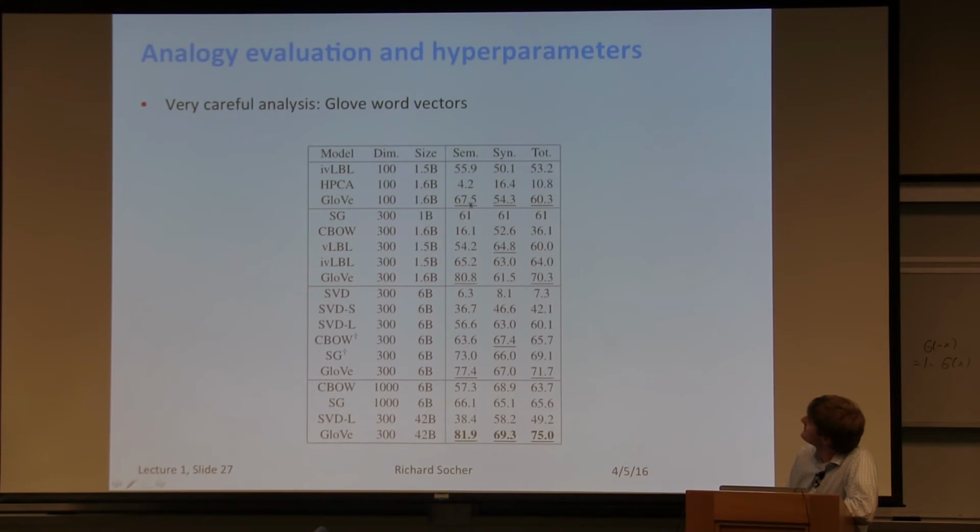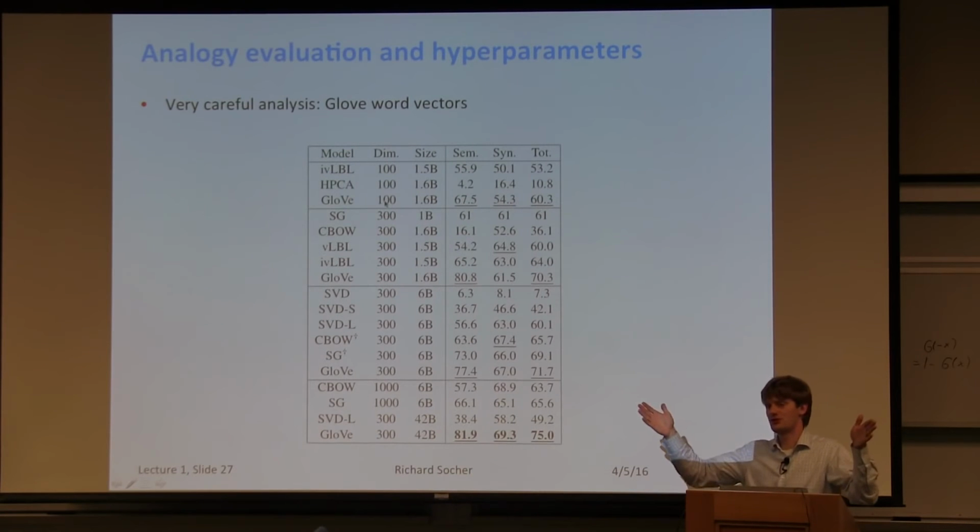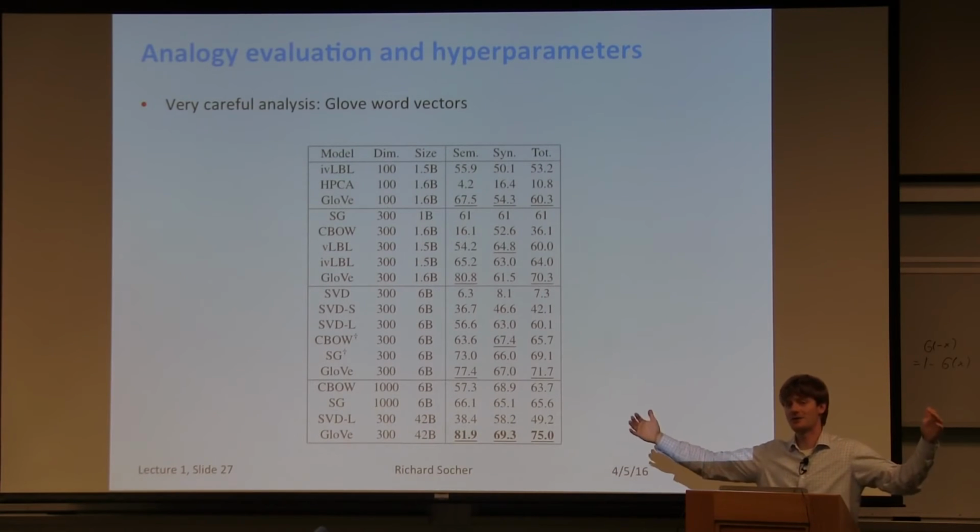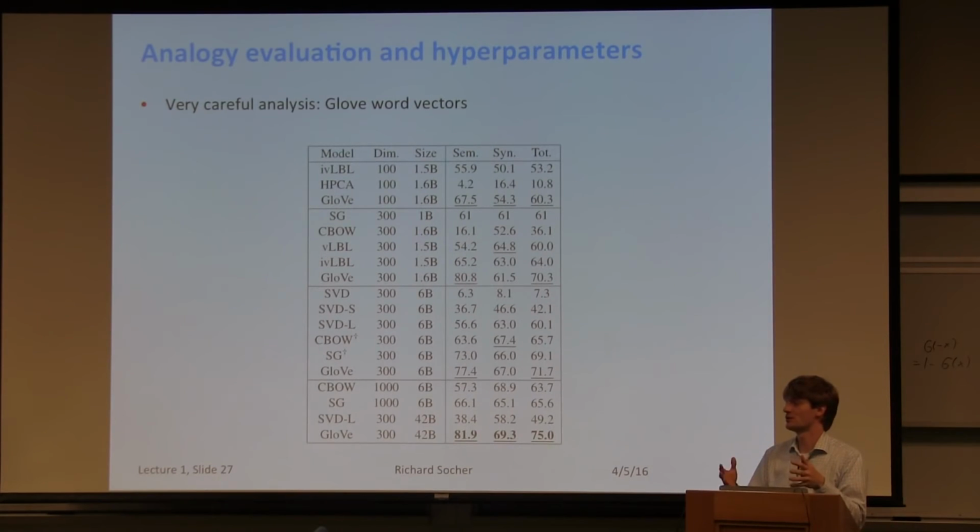And we again see here that 300 is much more accurate, by exactly 10% in total, than just having 100. So projecting our very high dimensional co-occurrence matrix down to just 100 dimensions loses too much information. But at 300, we start to see really good performance.